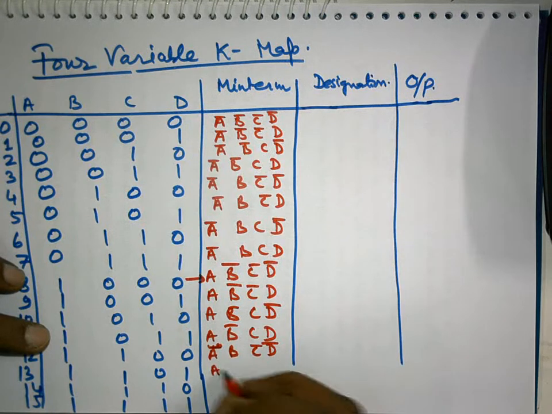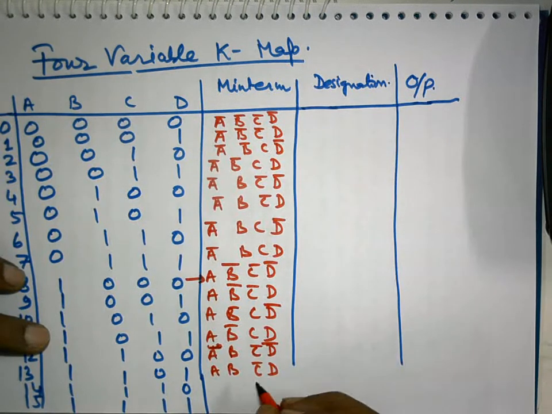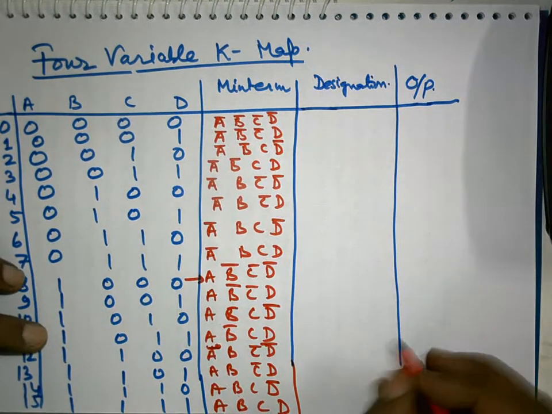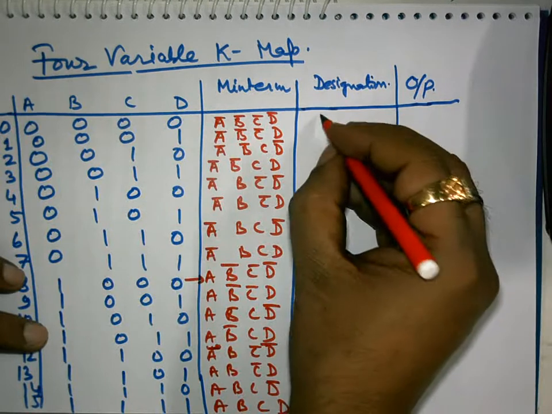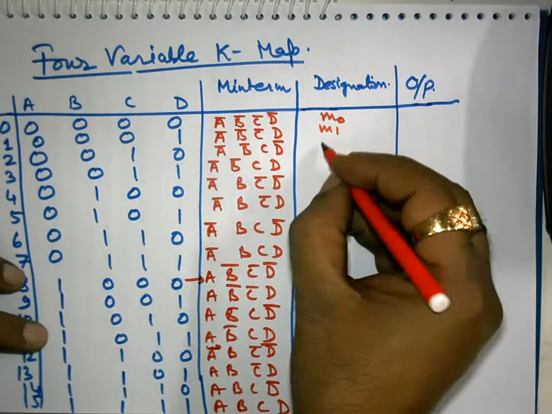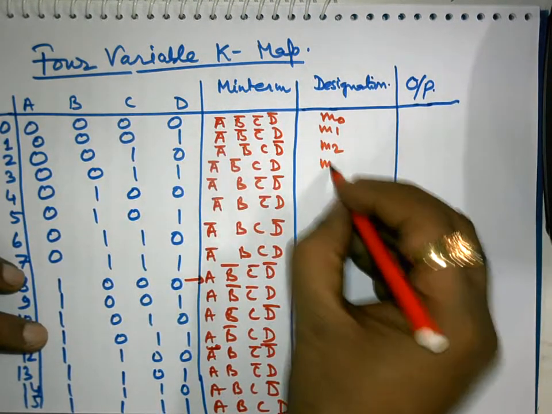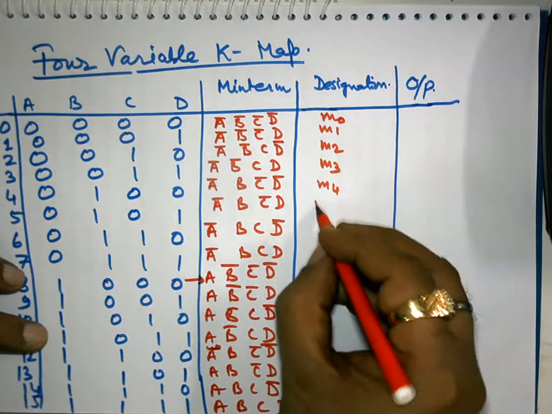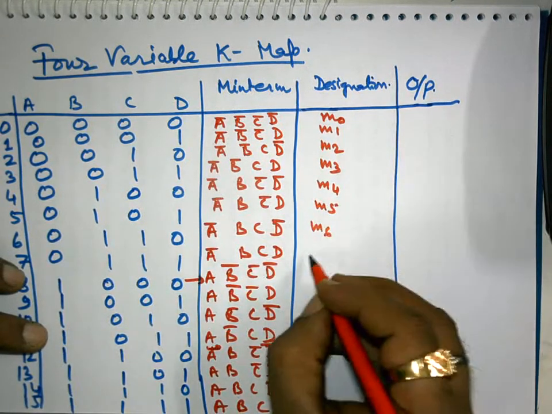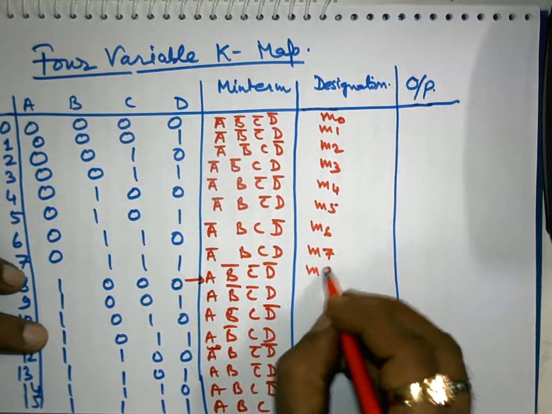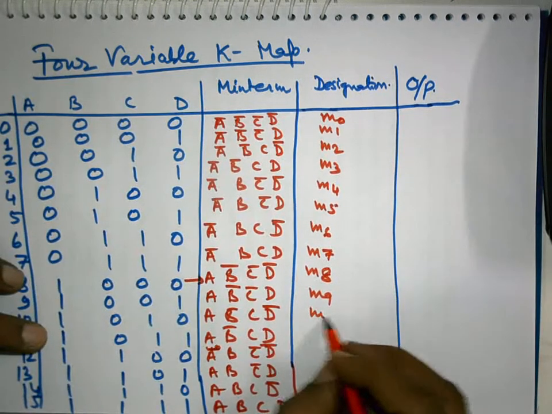Okay, this is A B C bar D, this is A B C D bar, this is A B C D. These are the min terms, and designations can be written as M0, M1, M2, M3, M4, M5, M6, M7, M8, M9.